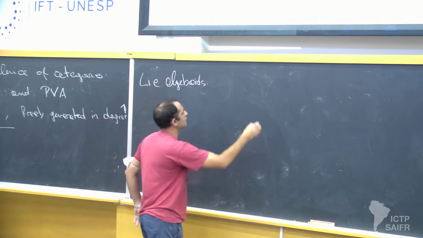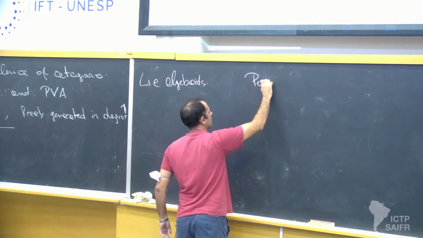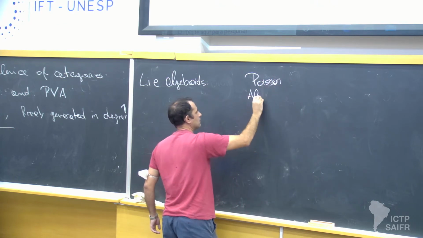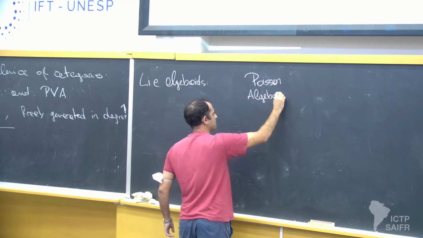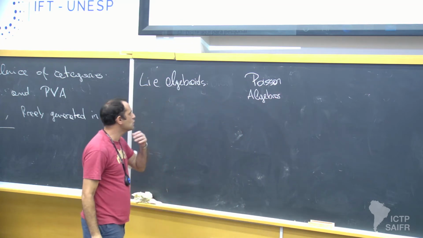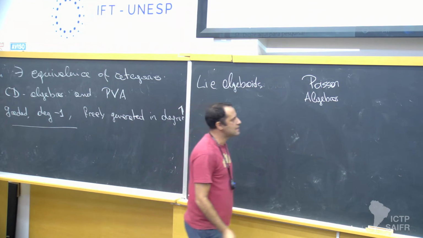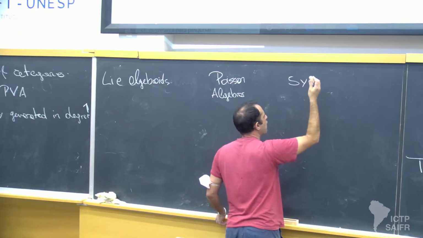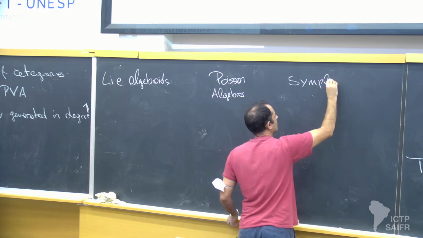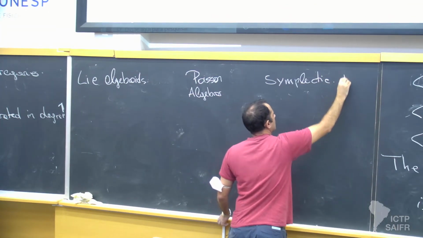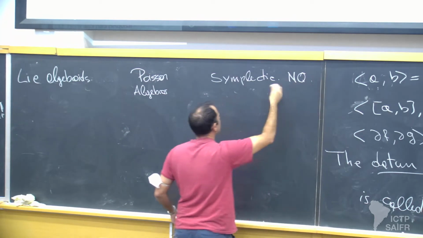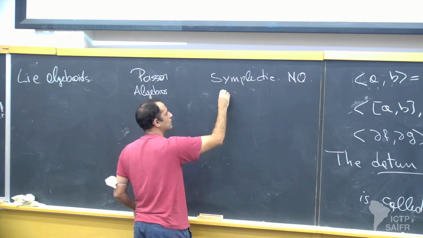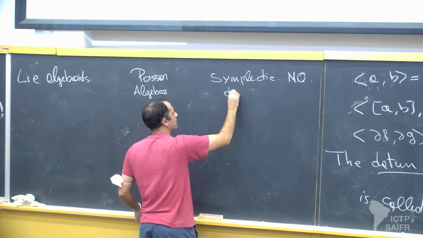We have Poisson algebras, and in my mind this is classical mechanics. But there's something else you can do when you have a Lie algebroid. You get a symplectic supermanifold of degree, or weight, 1. I think this has a name. I'm not going to describe what this is, but I'll give you an example.